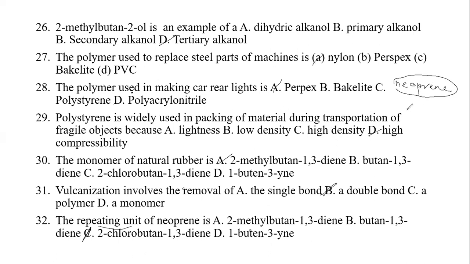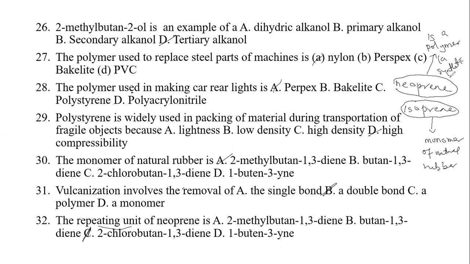Now, can you tell me the difference between isoprene and neoprene? This isoprene is a monomer of natural rubber, while neoprene is a polymer, which is a synthetic rubber, produced from 2-chlorobuta-1,3-diene.